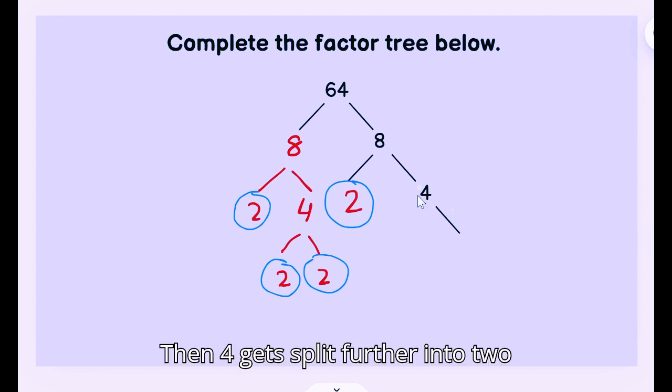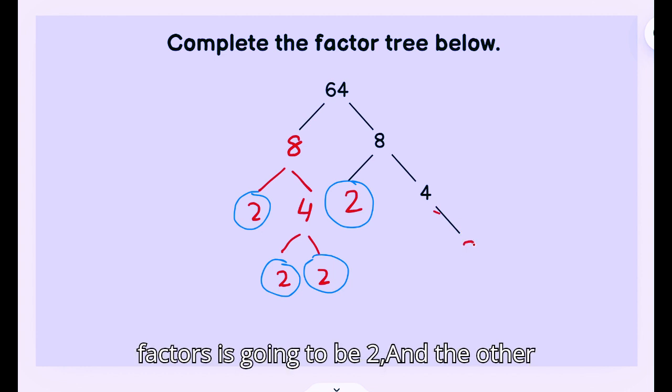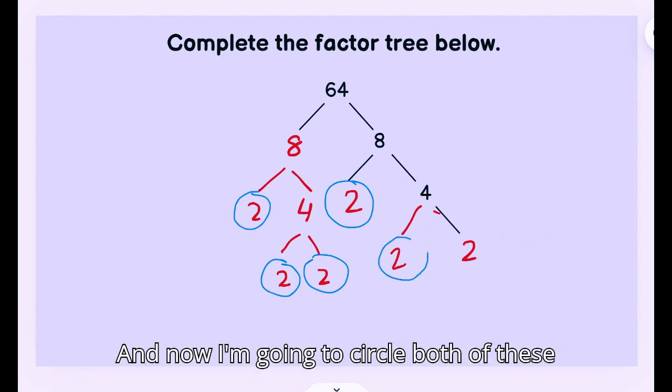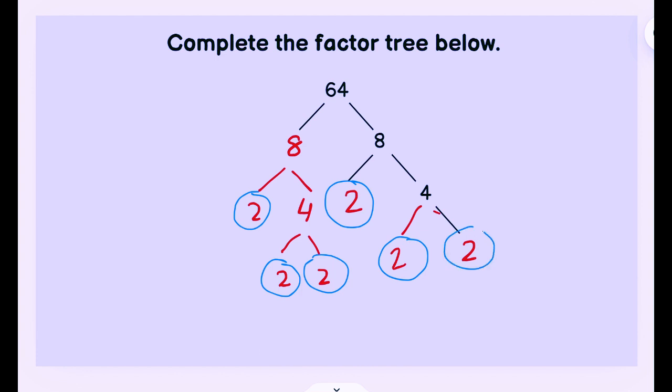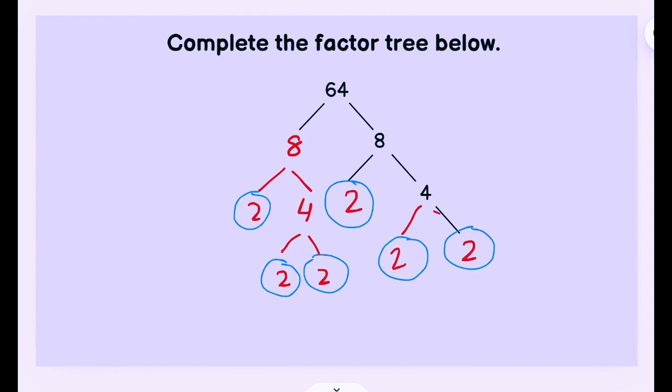Then 4 gets split further into two different factors. So one of the factors is going to be 2, and the other factor is also going to be 2. And now I'm going to circle both of these prime factors. So now you can see that I've completed the factor tree.